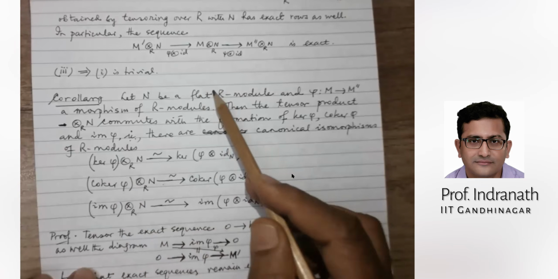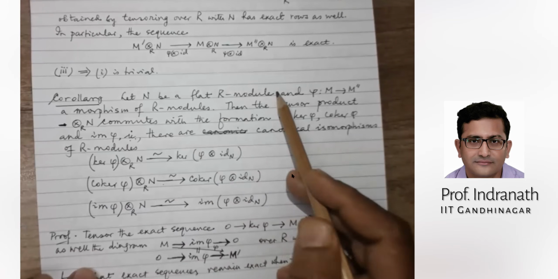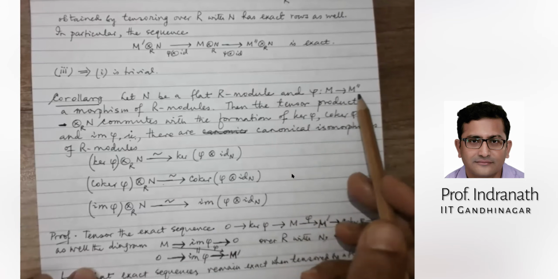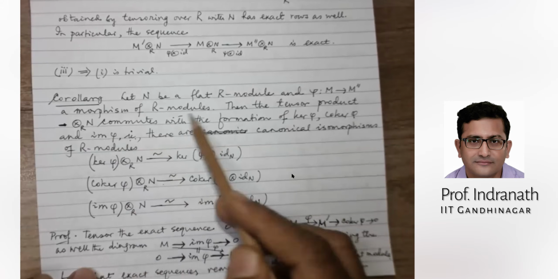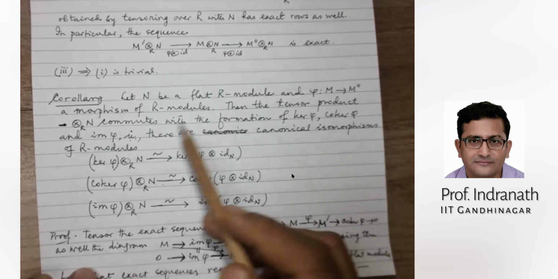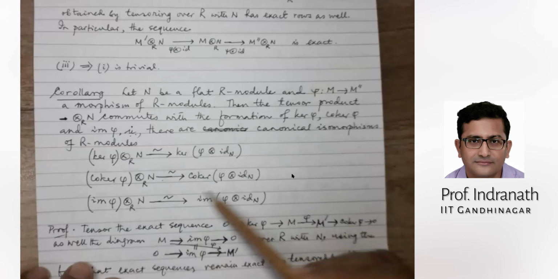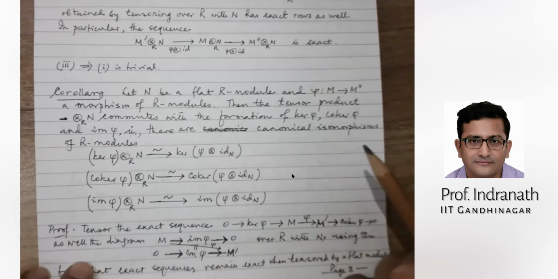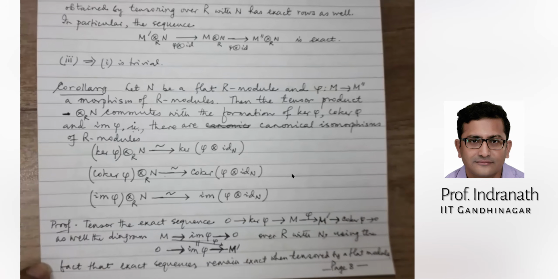So if N is a flat R module, and if phi is a morphism of R modules, then the tensor product with N commutes with the formation of kernel phi, cokernel phi, and image phi. That is, there are canonical isomorphisms of R modules. Once again, the word canonical should tell you to think of the universal property. This is a quick discussion on that.